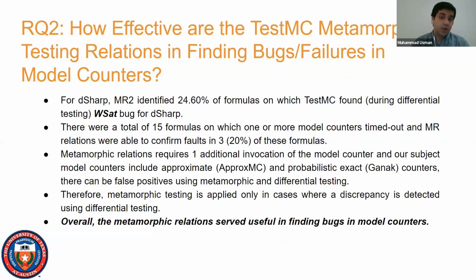For dSharp, MR2 identified around 25% of formulas on which TestMC during differential testing identified the WSAT bug. And there were a total of 15 formulas on which 1 or more model counters timed out, and 20% of these formulas violated metamorphic relations. So we could confirm more and more bugs in the model counters. Overall, the metamorphic relations also serve useful in finding bugs for model counters.